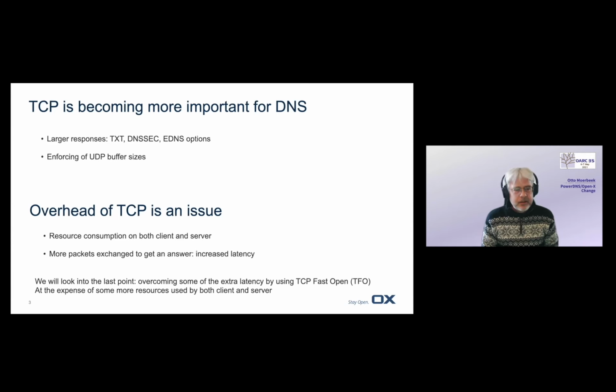So a typical answer retrieved over TCP will have a larger latency than an answer over UDP. Now, TFO, TCP fast open, does solve some of those problems. Especially it solves some of the latency issues at the cost of using even more resources. It's not that much, but it does consume more resources than just doing regular TCP.